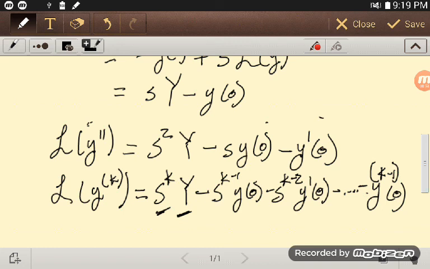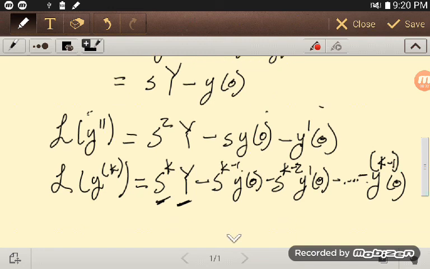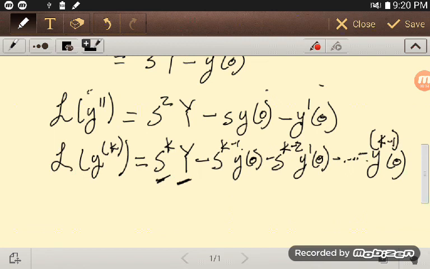And we ladder up on derivatives of y. So the powers on s go down, the derivatives on y go up. That's one way to remember it.